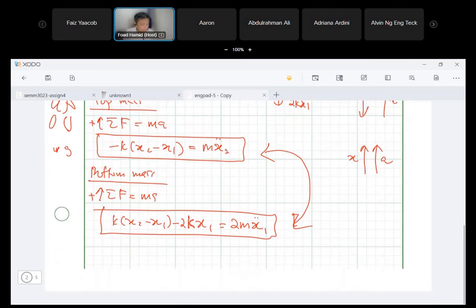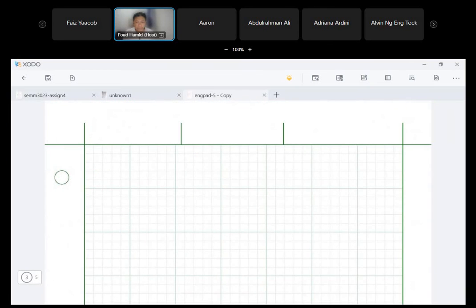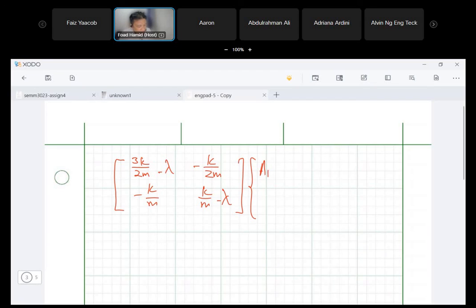Okay, so what we need to do is, hopefully you get this: 3k over 2m minus lambda, minus k over 2m, k over m, k over m minus lambda, and of course this is the amplitude of mass 1, amplitude of mass 2.